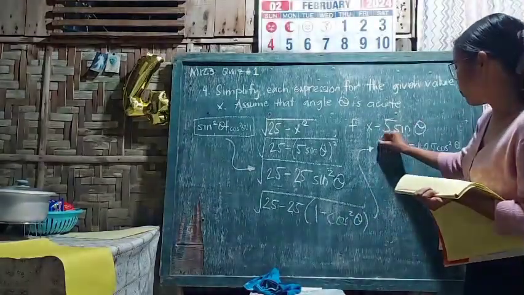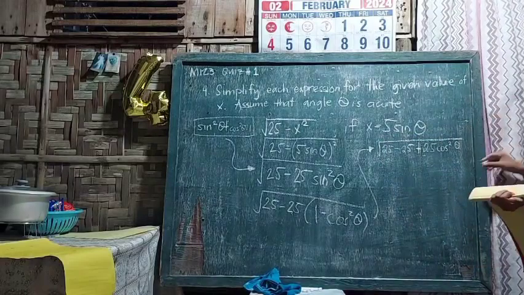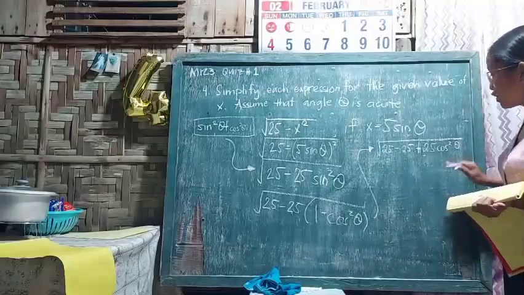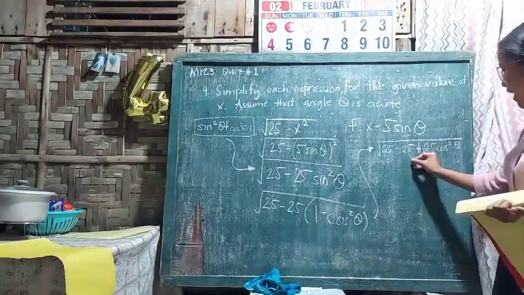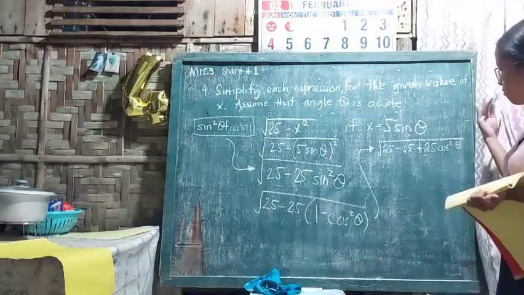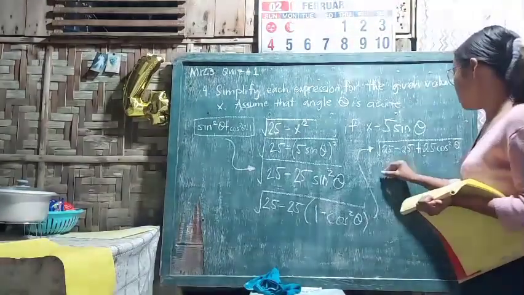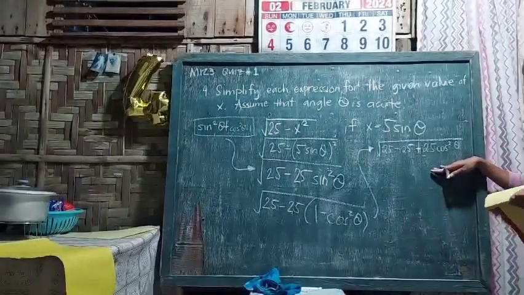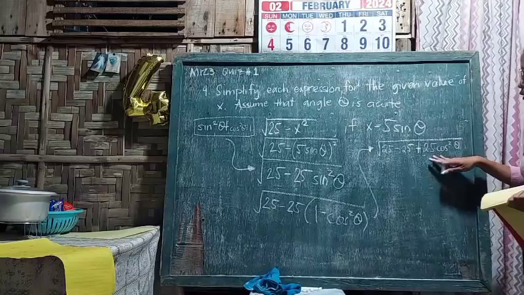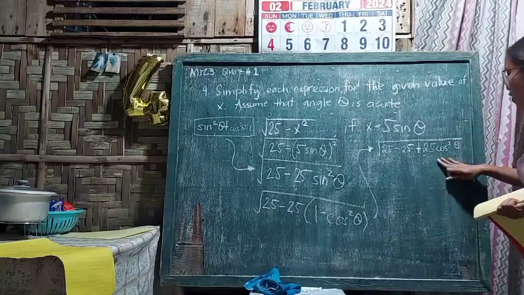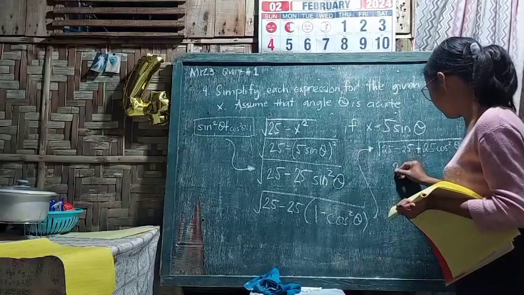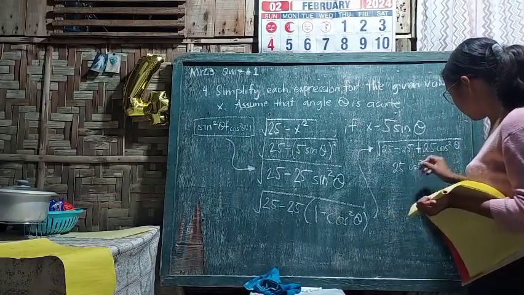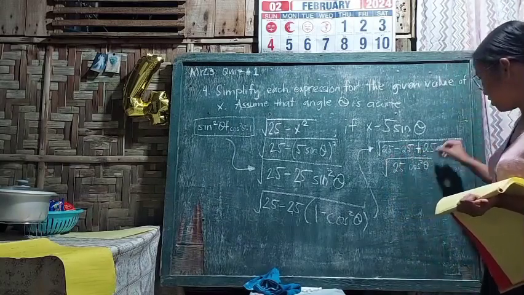Do not forget to put a radical symbol here. So after this, we are now going to combine like terms. 25 minus 25 would become 0, and we are only going to write 25 cosine squared theta. Still the radical symbol.